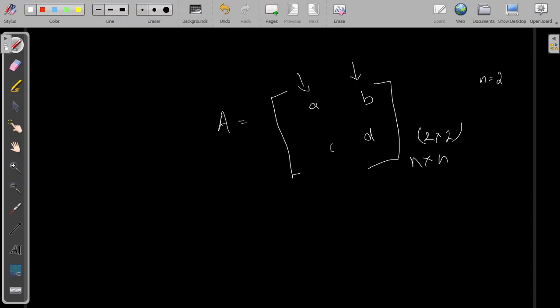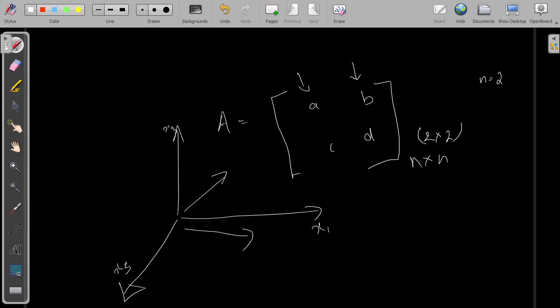If we consider a three-dimensional space like this, with x1, x2, and x3, then in n-dimensional space the directions may be like this. An infinite number of directions, an infinite number of vectors, will be there, and we are naming them s1, s2, s3, etc., sn.